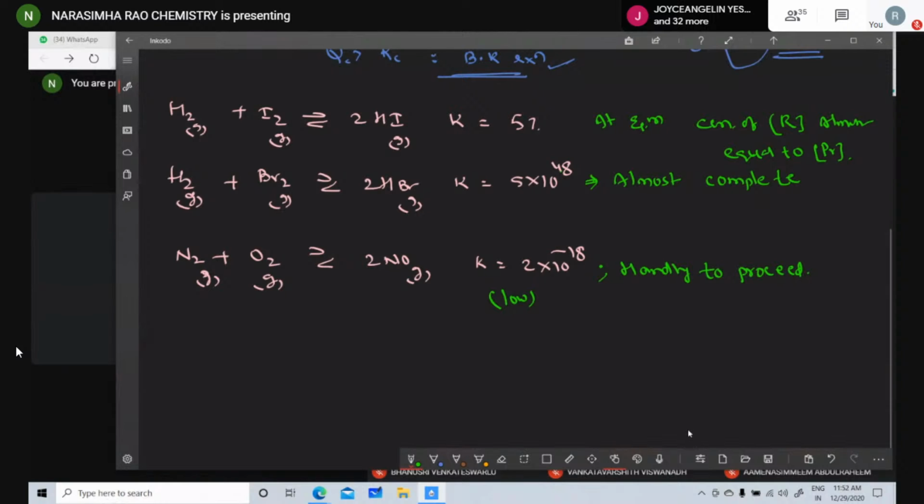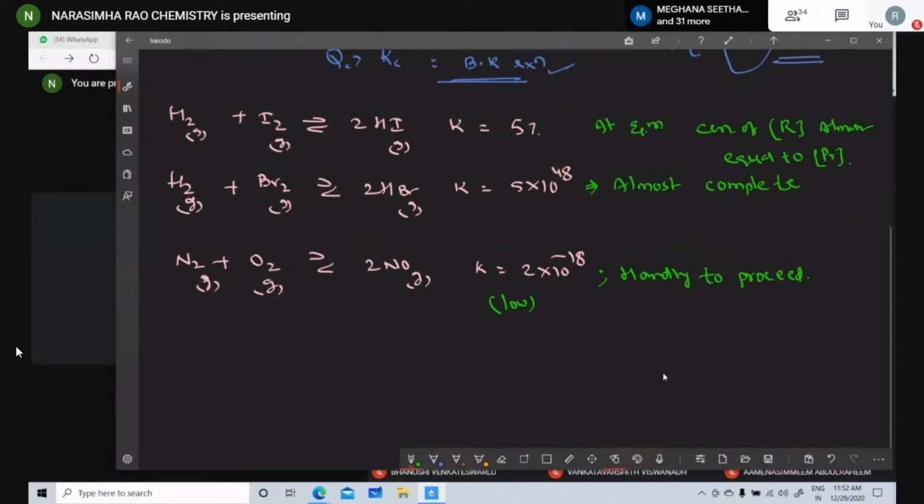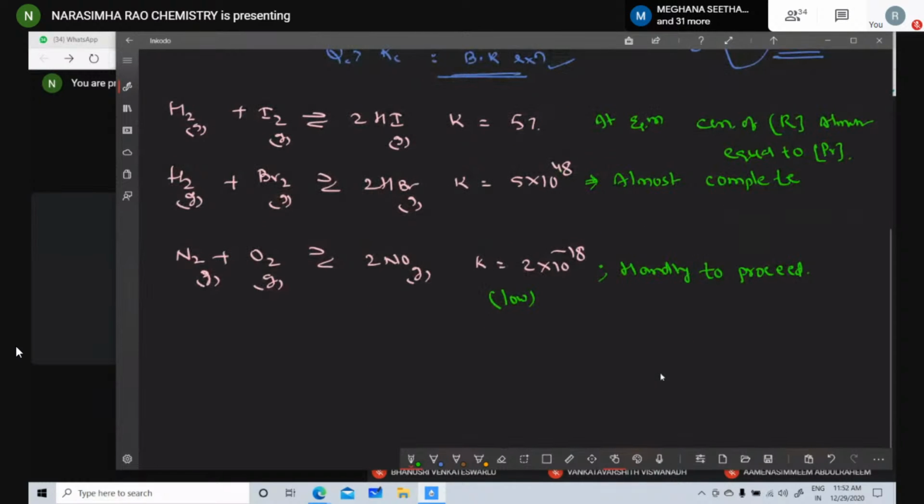It's clear. Now let me move to another important topic, most important for me, that is factors affecting the equilibrium state.